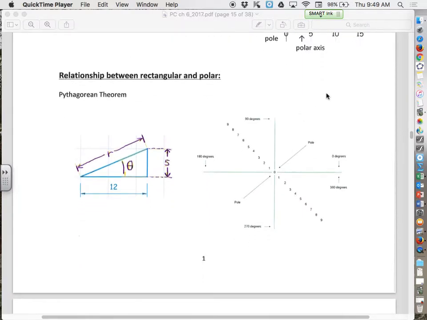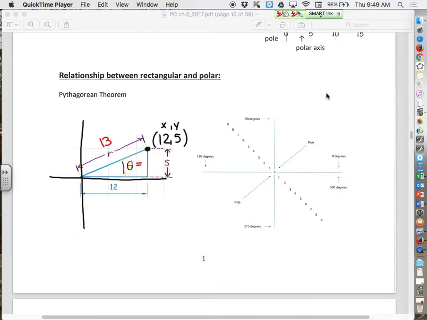All right, and I kind of just explained this. So the relationship between the rectangular and the polar coordinates: if I graph a point that's at 12, 5, over 12 and up 5, that would be rectangular form, an x and a y. In polar form, I'd be concerned with what the measurement for the hypotenuse is, which would be 13.